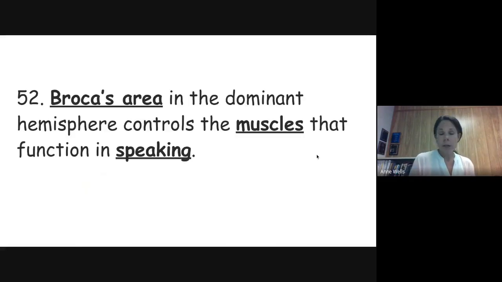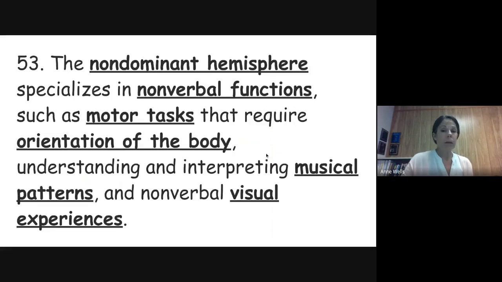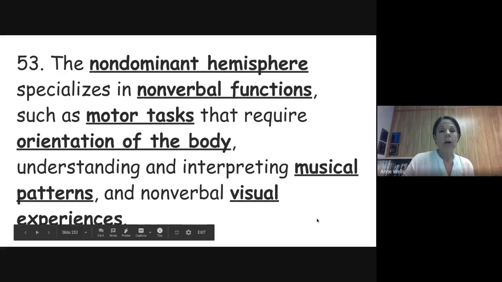Number 52, Broca's area, is in the dominant hemisphere and controls the muscles that function in speaking. The non-dominant hemisphere specializes in non-verbal functions, such as motor tasks that require orientation of the body, understanding and interpreting musical patterns, and non-verbal visual experiences.